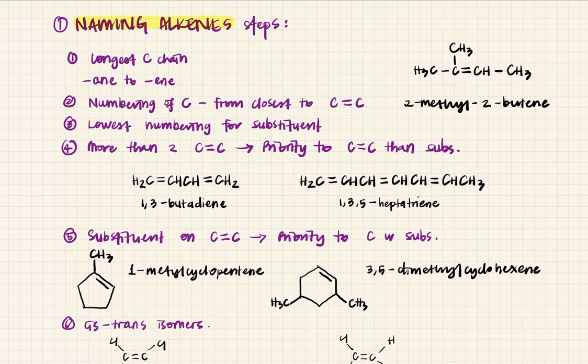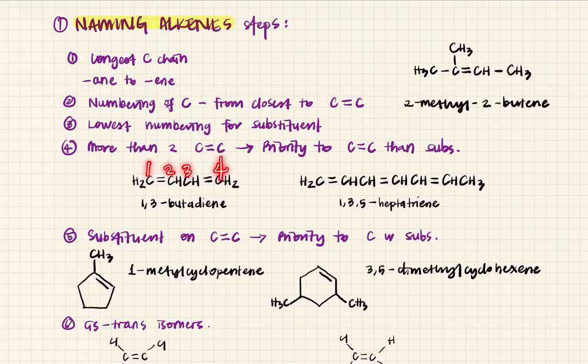Alright. Okay, next you want to have the lowest numbering for your substituent, and okay, that is easy to understand. More importantly, if you have 2 carbon-carbon double bonds, then the priority will go to the carbon-carbon double bonds instead of your substituent. Okay, so let's see right here, if you have 2 carbon-carbon double bonds, then you will count your carbon from here 1, 2, 3, 4.